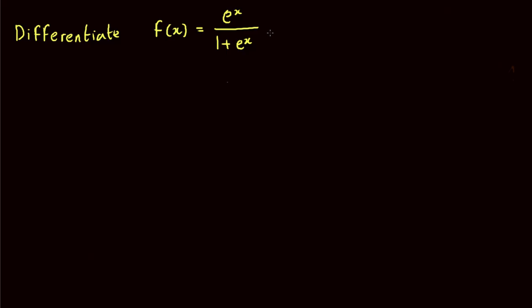Once again, just like always, please do pause the video and give this question a try, so that later when I go through the answers, it'd be much more helpful.